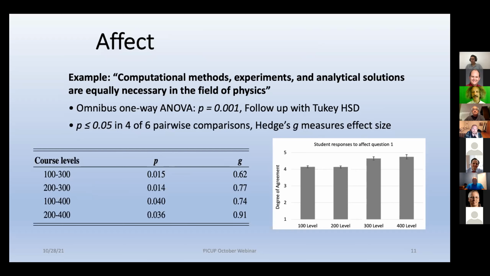And we have simply mapped strongly disagree to a 1 and strongly agree to a 5. And the bar graph on the lower right shows what the means and standard errors are for the groups of students by 100, 200, 300, 400 level.